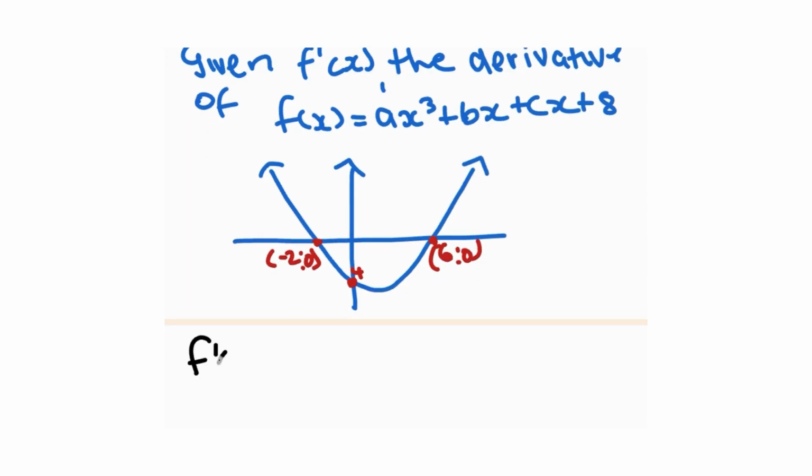So finding f prime x, it's going to be 3x squared plus, sorry guys, I omitted a 2 there, 2bx plus c. That 8 goes away because it's a constant. So this is the equation of that graph.